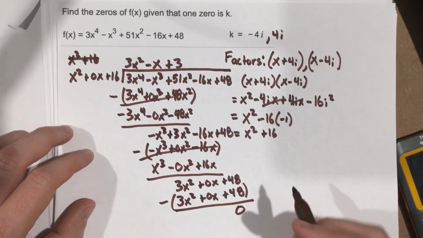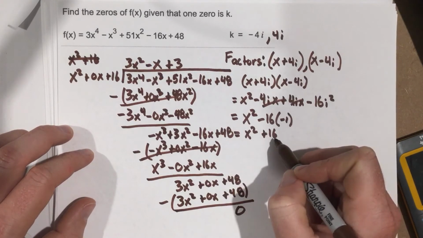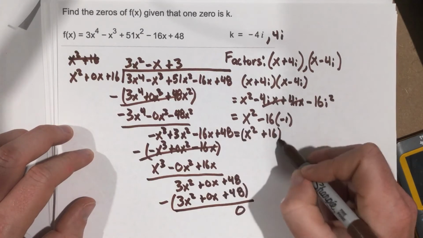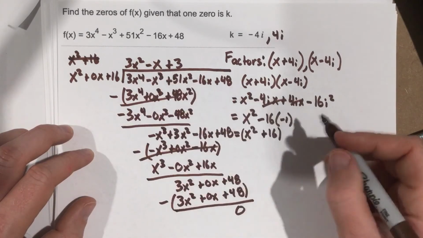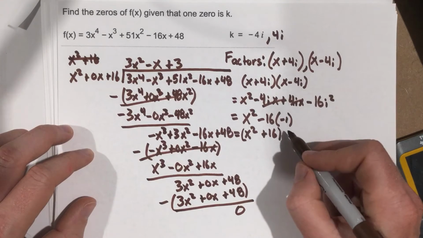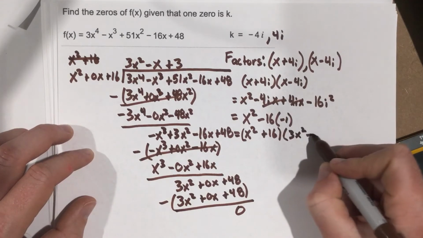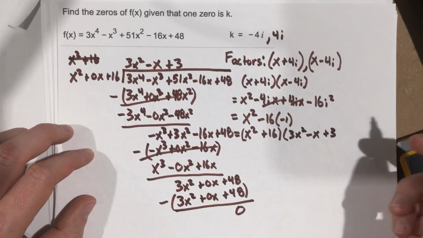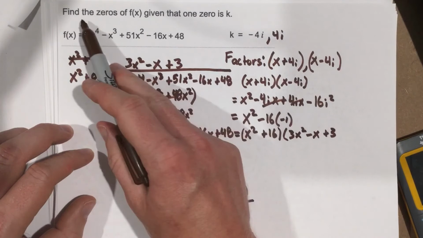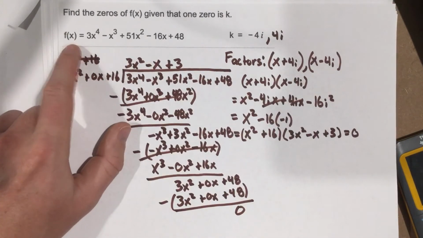So the factors that we have are x squared plus 16, and then we also have 3x squared minus x plus 3. And technically we're trying to find all the zeros, so all this equals 0. It's like if we put this equal to 0 up here.